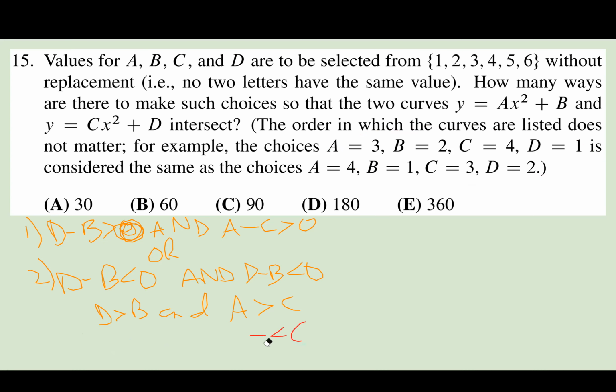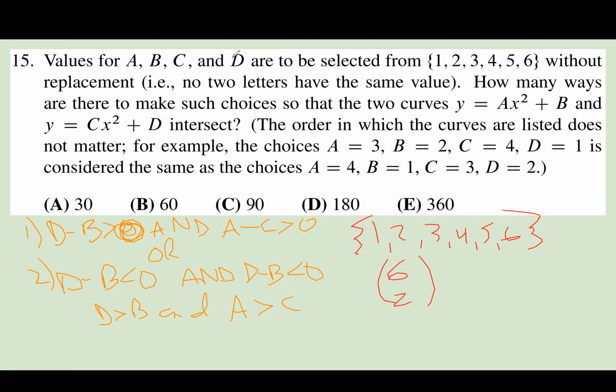So we can just look at the case where b is greater than d and a is greater than c, right? Well, basically all that requires is, remember, we're picking 4 numbers, right? So let's start by, for d and b, we can basically just pick any 2 of them. We can do 6 choose 2, and every pair is going to create one that's smaller and one that's bigger.